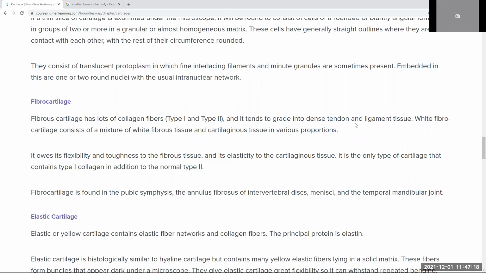What's the difference between tendons and ligaments? Anybody? One is bone to bone, one is bone to muscle. Somebody want to clear it up for me? The tendon is bone to bone and the ligament is bone to muscle. Sorry, say that again, please. Tendon is bone to bone and the ligament is muscle to bone.